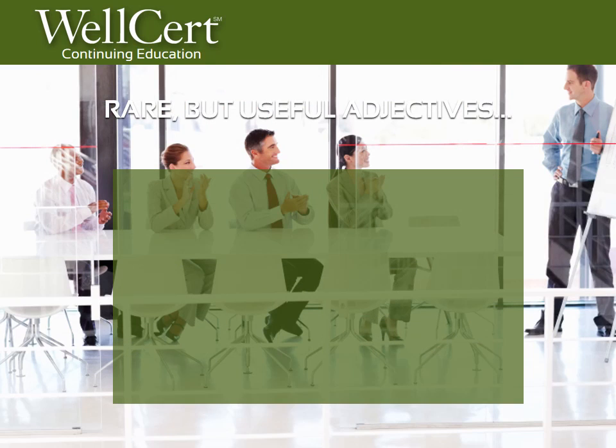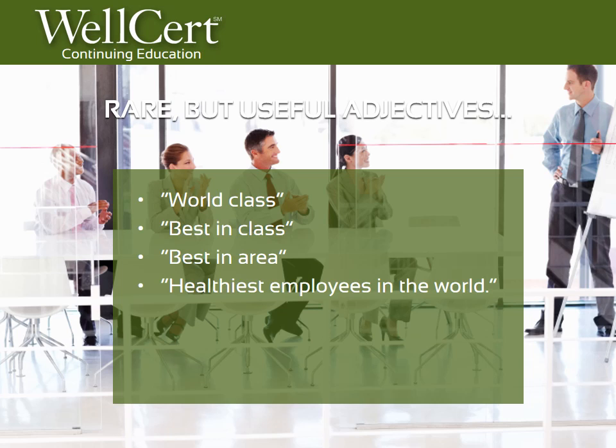Some rare but useful adjectives that management oftentimes wants to use with wellness programming are things like we want a world-class wellness program, or we want to have a best-in-class program for our type of business, or we want to be best in our local area and recognized as a local employer that is doing wellness in a good way.